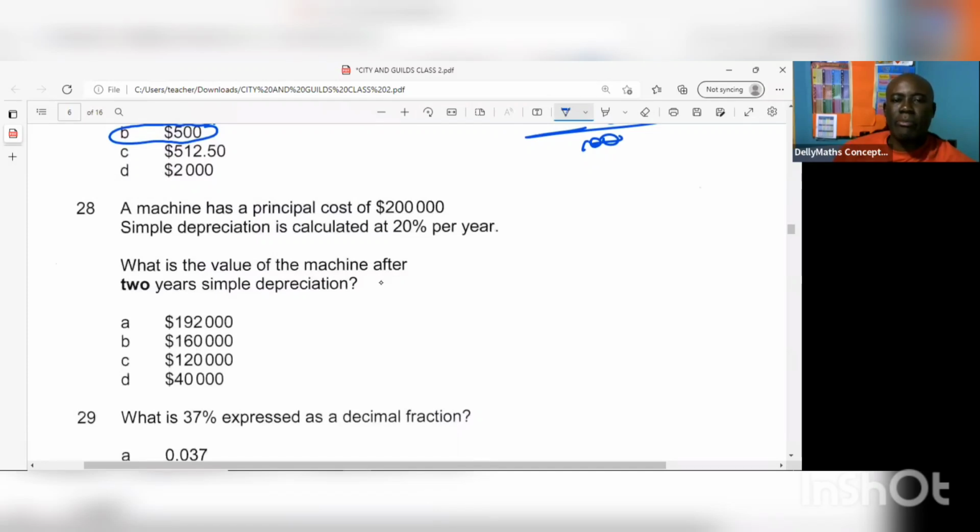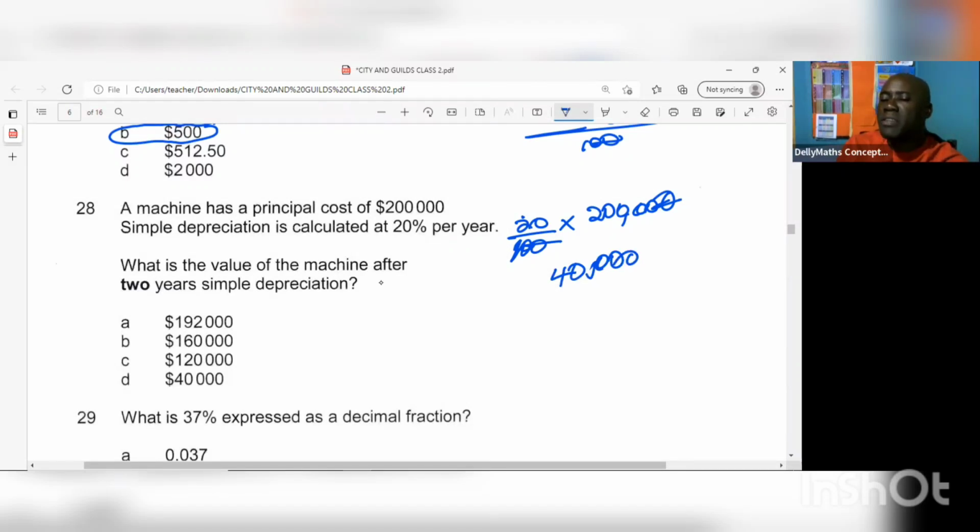A machine has a principal of 200,000. Simple depreciation is calculated over 2 years. When there's simple depreciation, you're not going to do the depreciation like reducing balance. All right, so it's going to be 20% the first year, 20% the second year. So we're talking 20% of 200,000. This cancels that. So 2,000 times 20 is 40,000.